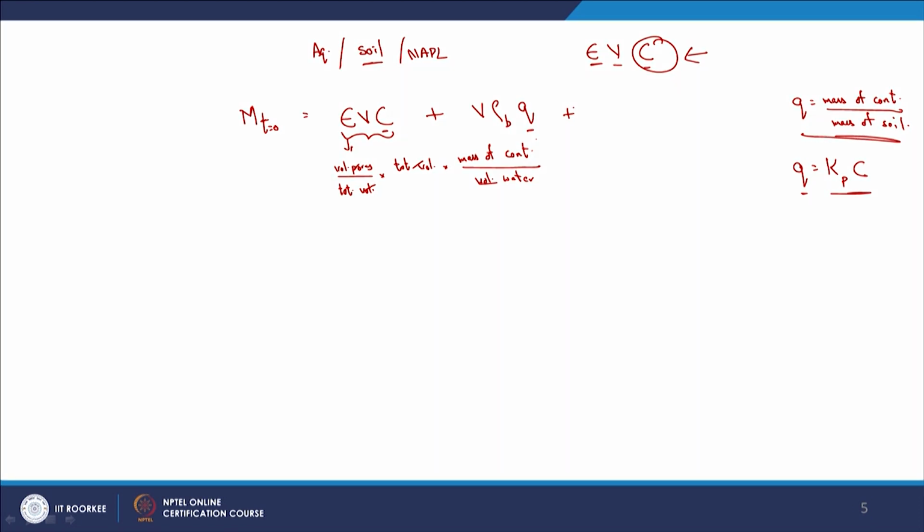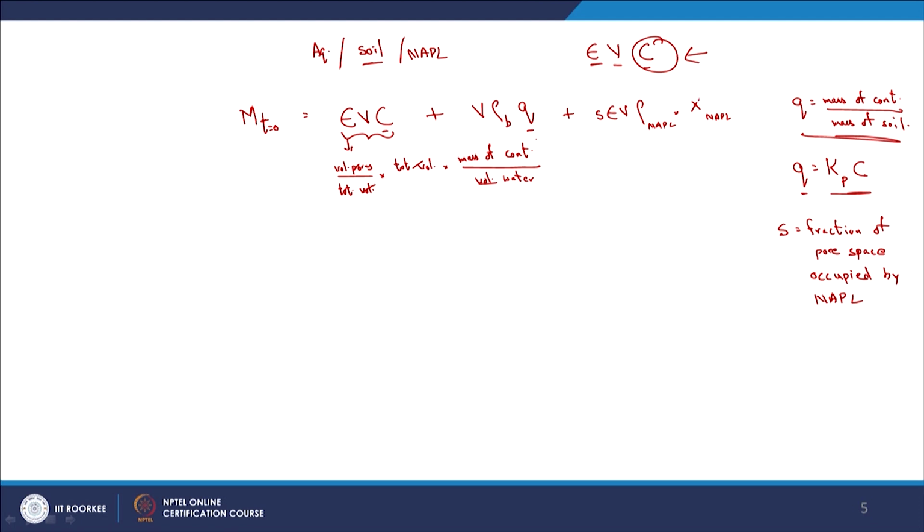So let us say the fraction of the pore space occupied by the relevant NAPL is S, equal to the fraction of pore space occupied by NAPL, and then the volume will be epsilon V. Then we have the density of NAPL times the mole fraction of the relevant contaminant that you are looking at in the NAPL, right.